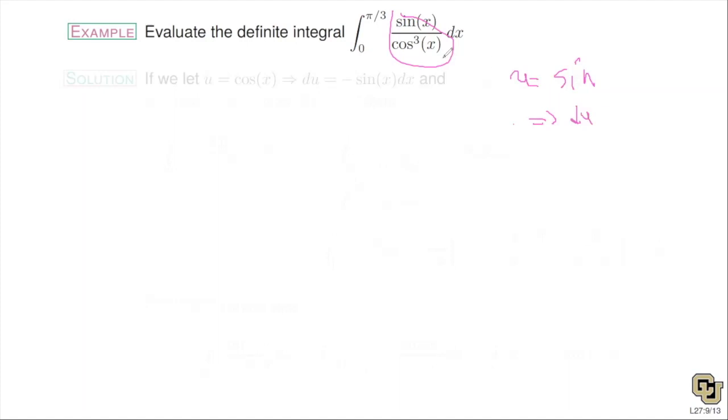You should be very careful. This cosine cubed is in the denominator. Our du would equal cosine in the numerator times dx, and I don't have a cosine upstairs. So we should try something else.